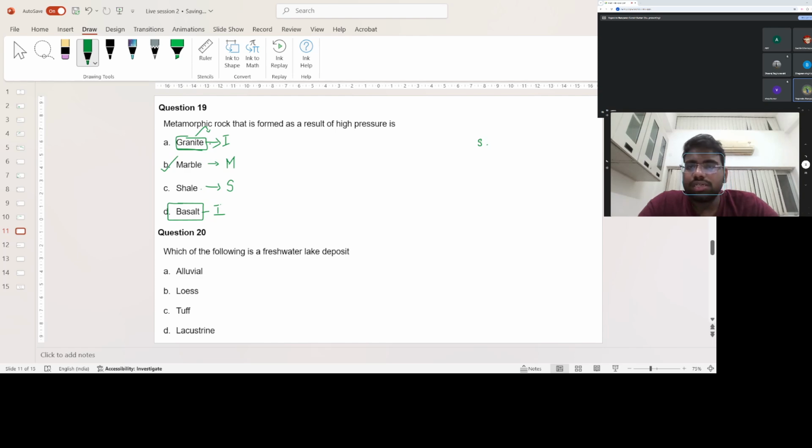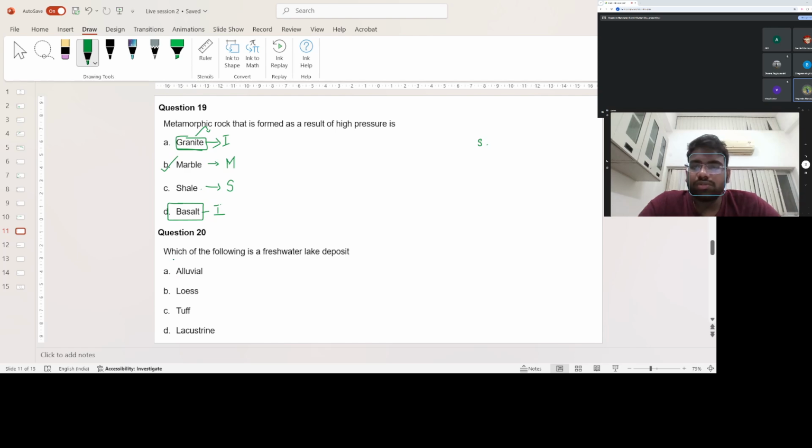So that is the difference between granite and basalt. Shale is obviously sedimentary, which is deposits of clay subjected to high cohesion and compaction. And marble is metamorphic due to the result of high pressure and temperature.